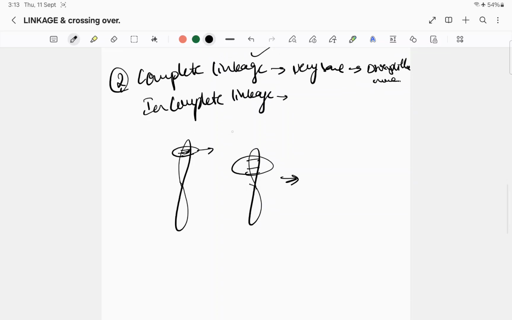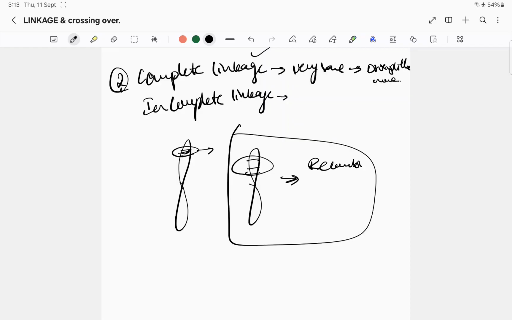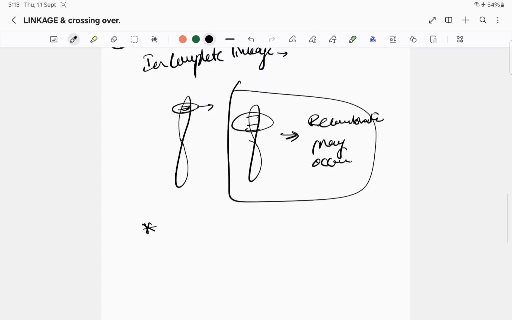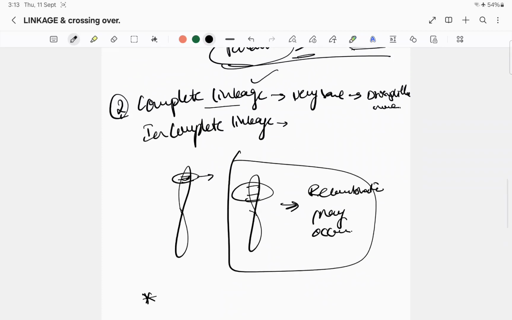So in incomplete linkage, recombination may occur. The whole point is that if complete linkage is present, there won't be any recombination. In incomplete linkage, there will be recombinations, right?